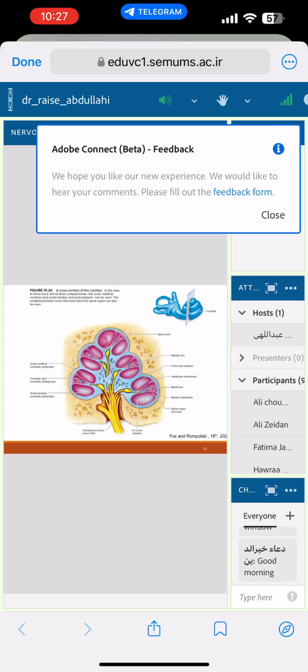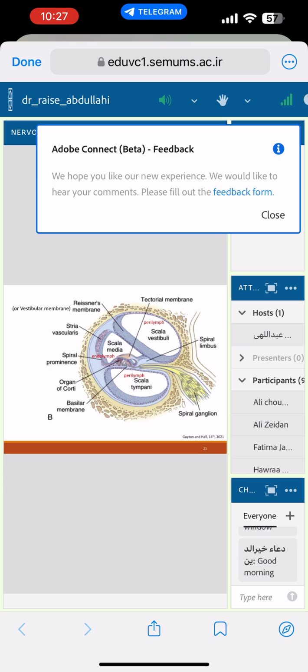Hair cells are located here on the top of the organ of Corti.